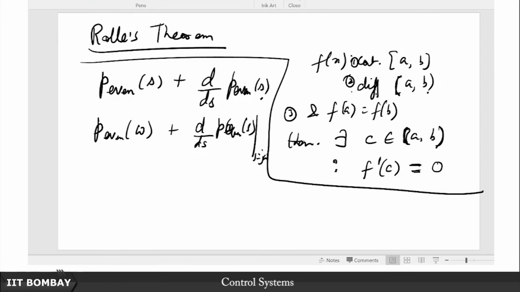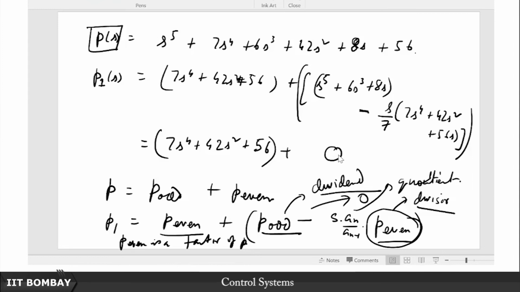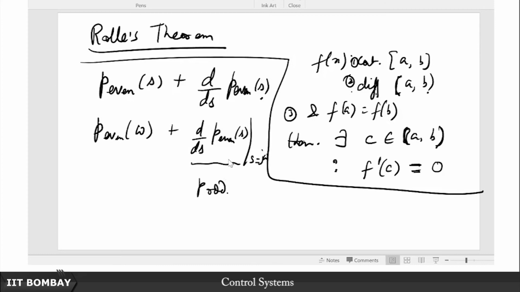So we differentiate with respect to s P even(s), and let s equal jω. If you differentiate this with respect to s, this will eventually turn out to be some odd polynomial, because we don't have an odd polynomial. You see, in order to continue with the Routh array, we need something here, otherwise the next step we cannot proceed. So we cook up something like this, and what is so special about this particular way of cooking this up?